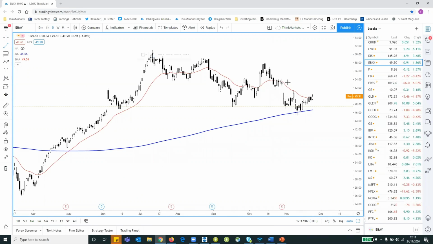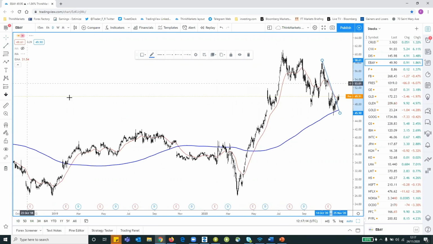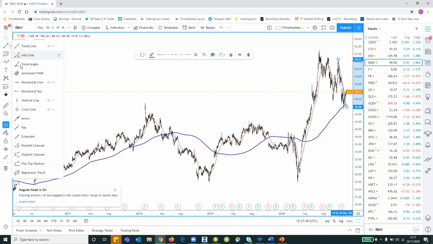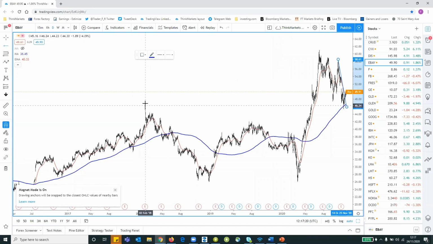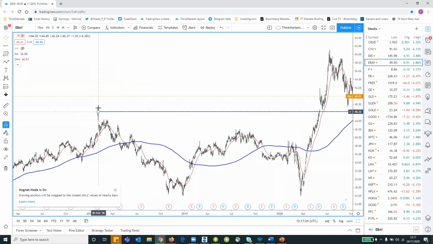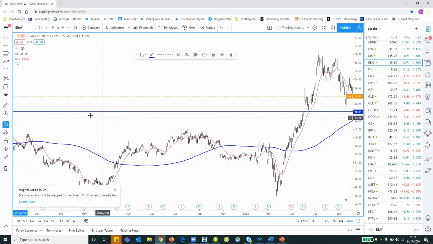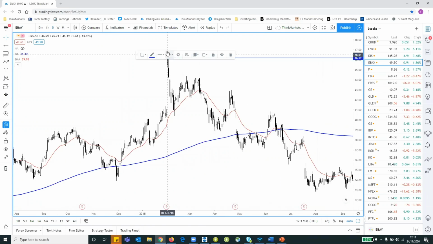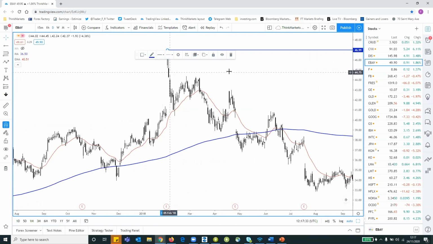This one has broken this trend line and held key support here. If I zoom out a little bit, you can see this was the high in 2018.